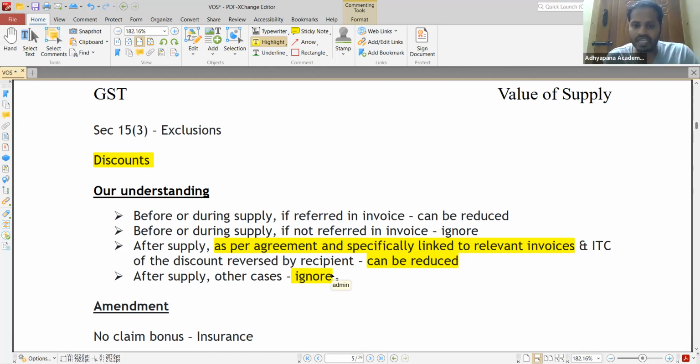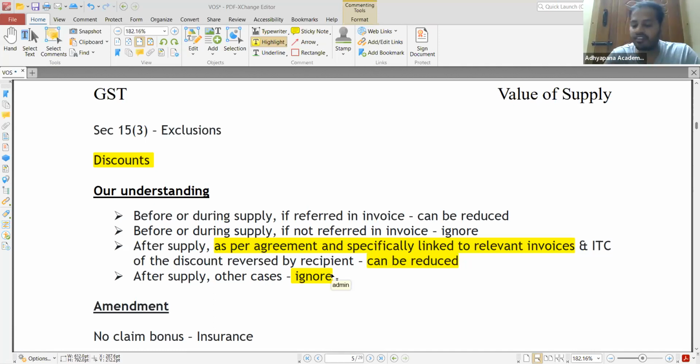So if it is referred in the invoice and I give a discount of 10%, you will pay less: 1,18,000 into 0.1 is 11,800 less. 1,18,000 minus 11,800, you will pay 1,06,200.